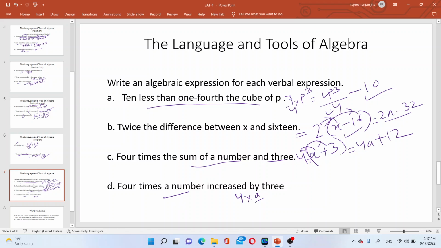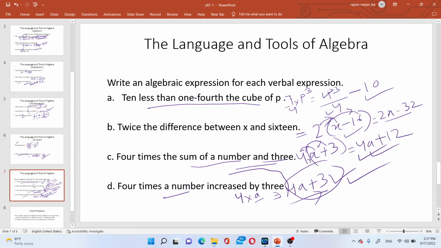So it is a, and increased by 3. So we have 4a plus 3. You see what is the difference between these two? Yes, when we expand it, we get 4a plus 12. This is 4a plus 3. So these two statements are different. Hence their algebraic expressions are also different.